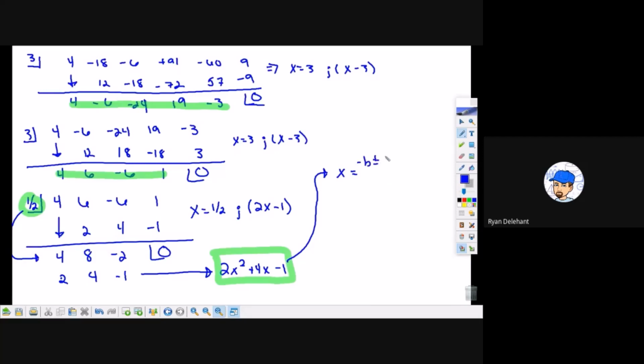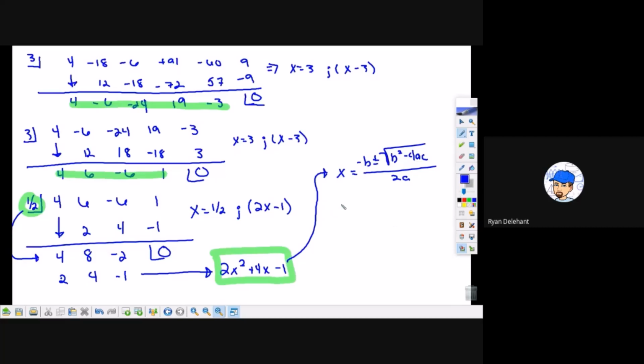Negative b plus or minus the square root of b squared minus 4ac, all over 2a. Because those roots don't have to be rational, okay? The ones that we dealt with all last week and the stuff you would see on this quiz that was Monday will be rational, but we're moving past that.